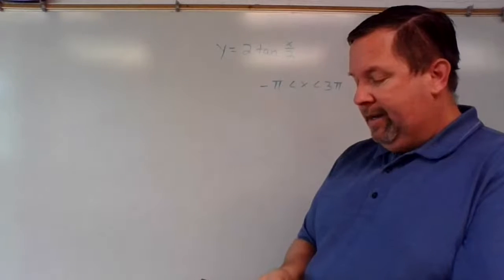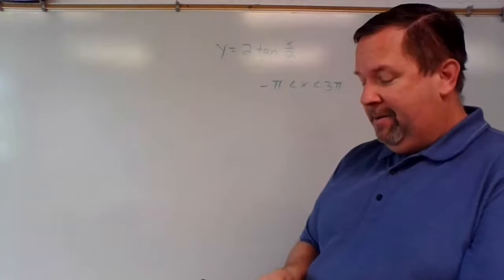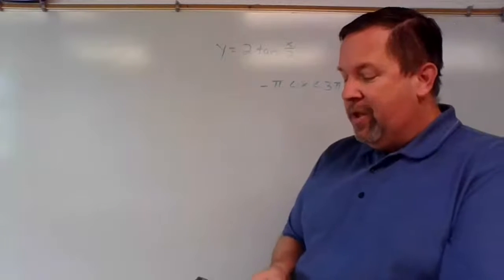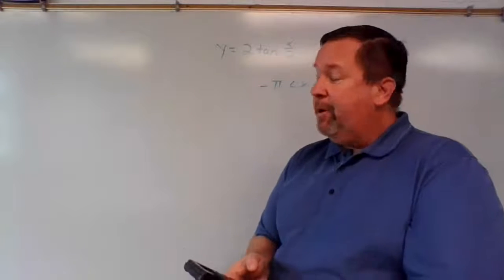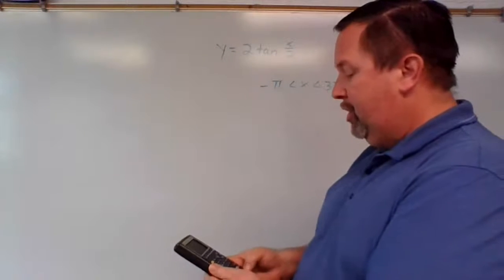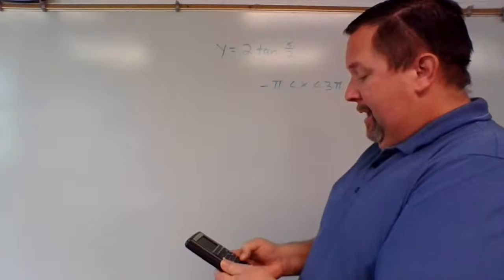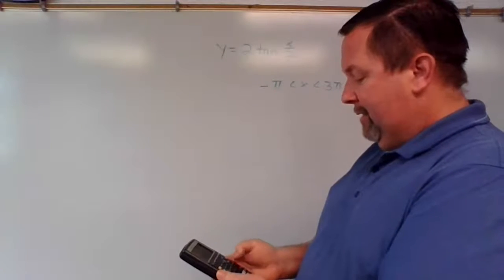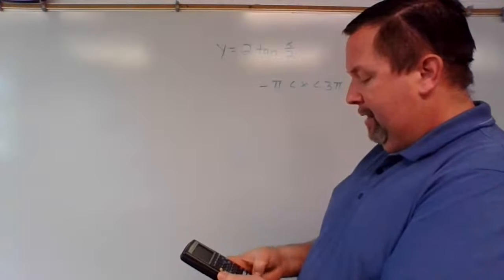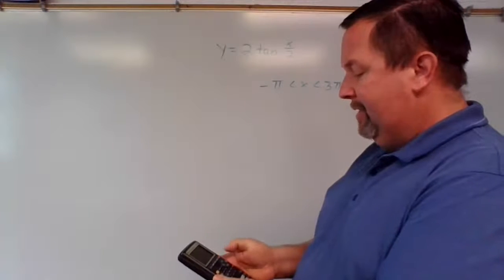I was wondering why it didn't come up, because I never put the function in my calculator. I was busy doing the window with you, but let's go back to y1 and put this function in now. We're just going to put 2 times tangent, and we'll do x divided by 2 and close out the parentheses.